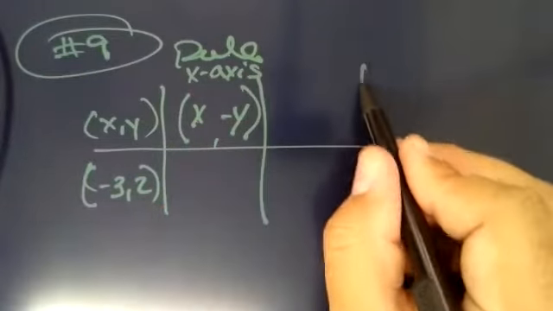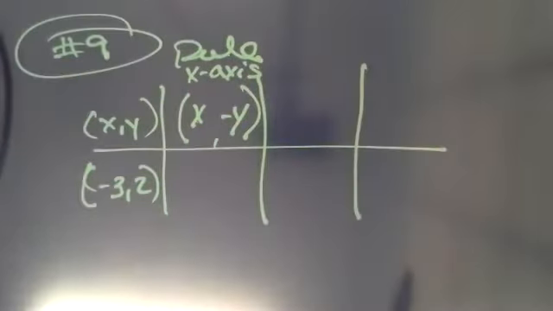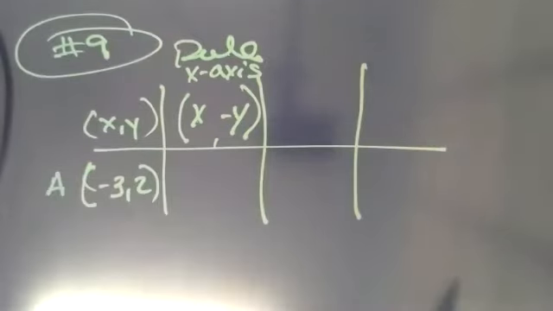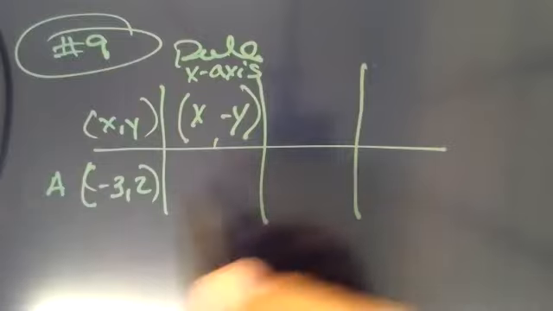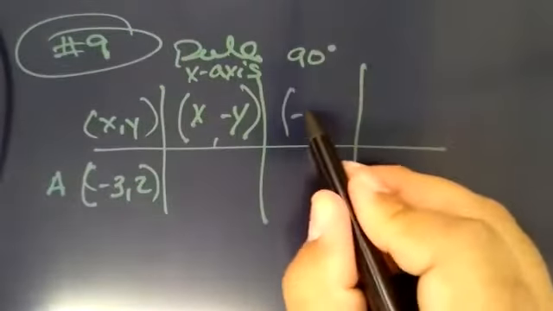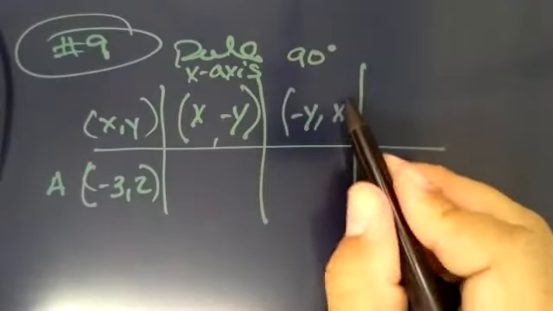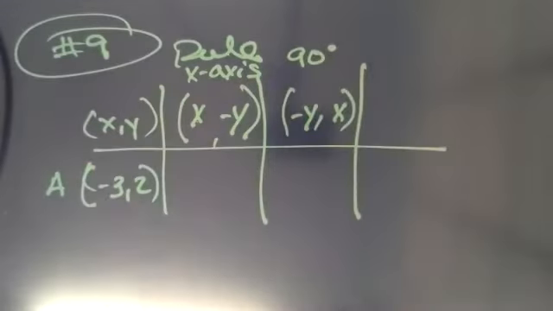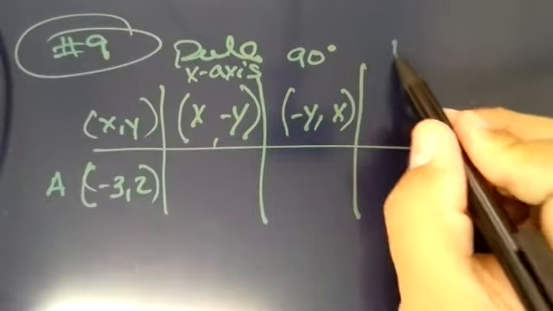And then let's say the next type of transformation is, let's say this is coordinate A, okay? Will be a 90 degrees rotation. Well, the 90 degrees rotation will be negative y comma x. All right, followed, let's say, by translation.